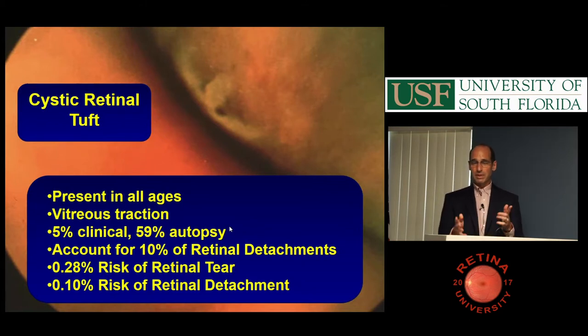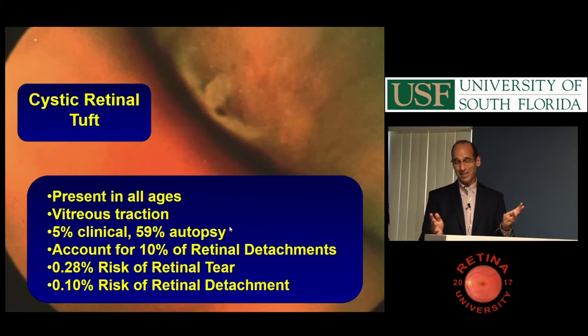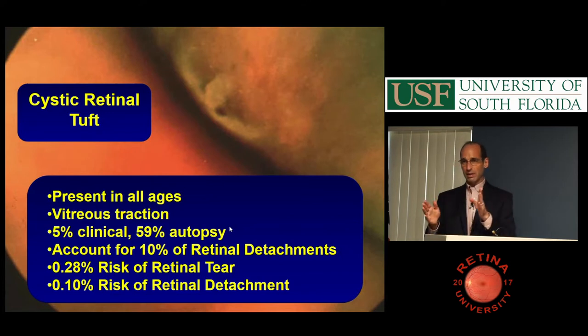So that's why, still in some parts of the country, but it's not really standard of care to laser all of these lesions, because even though a lot of retinal detachments are associated with them, the risk of one of these people getting a detachment is pretty low. So it's going one way and the other.